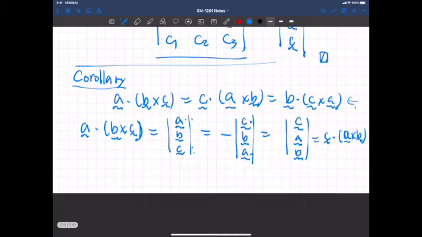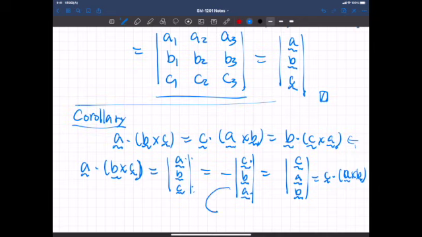If we swap B and C, then we have B C A, which is B dot C cross A.